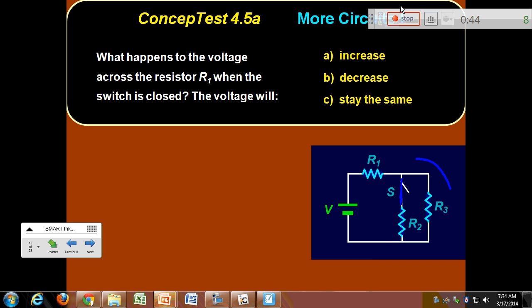You want to think about what happens to the voltage across this branch. And whatever that voltage does, R1 will do the opposite of it.